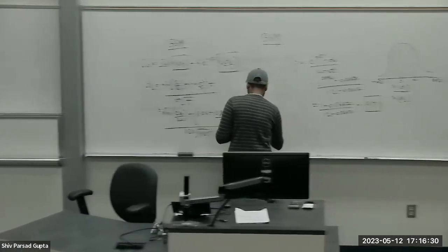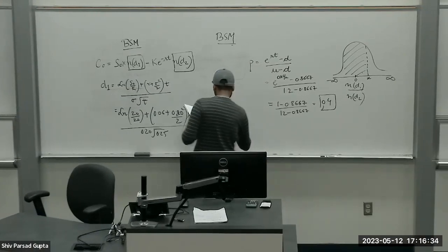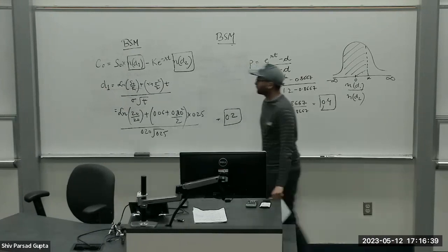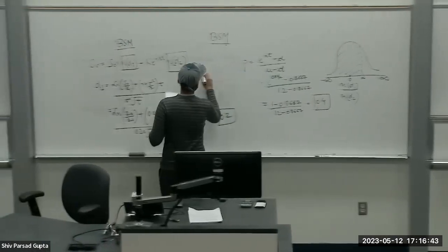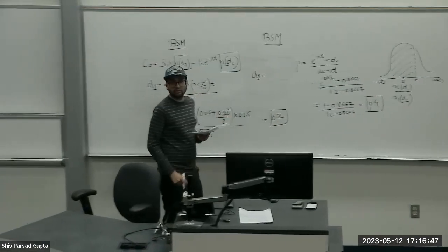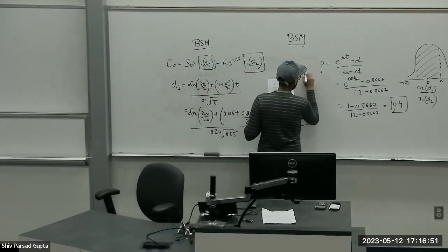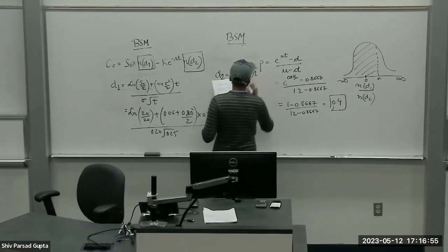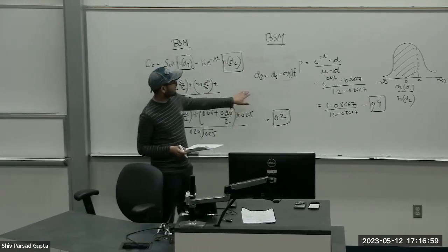So if you solve this, you'll get the value for D1 to be 0.2. And for calculation of D2, we know the formula: it's basically D1 minus standard deviation into root of time. Is it clear?